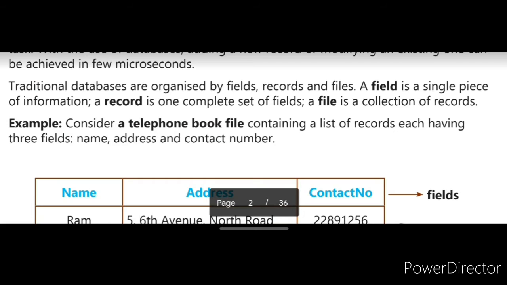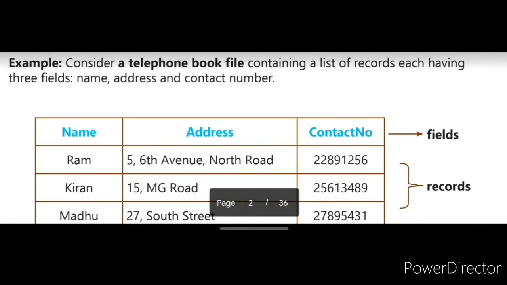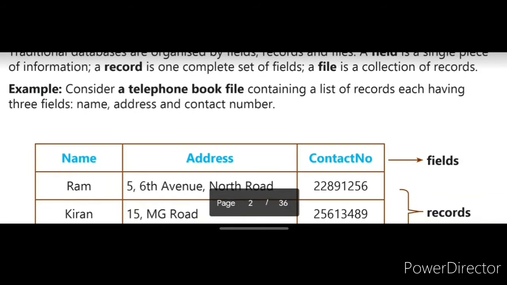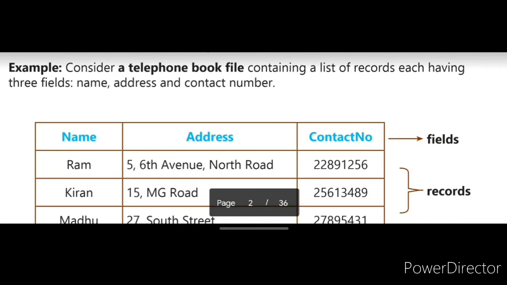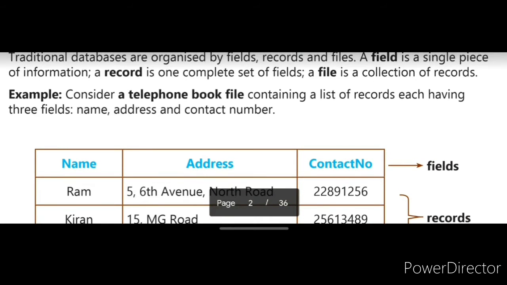A field is a single piece of information. What is field? It is a single piece of information. Here in this example you can see name is a single piece of information, address is a single piece of information, contact number is a single piece of information. Okay, so in this telephone directory example, name, address and contact number are the fields.